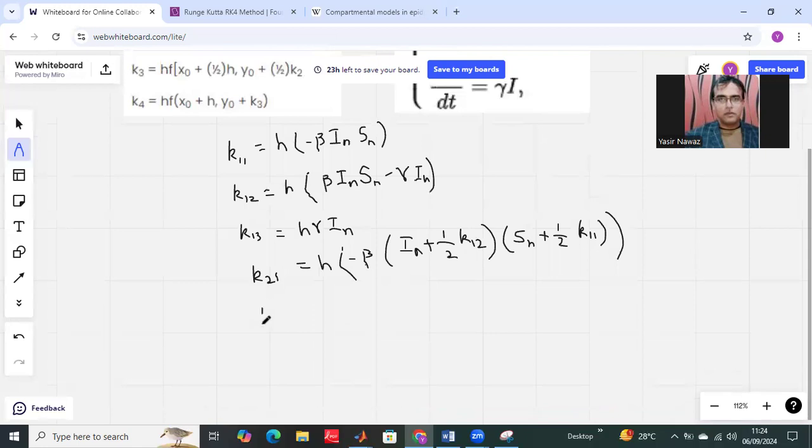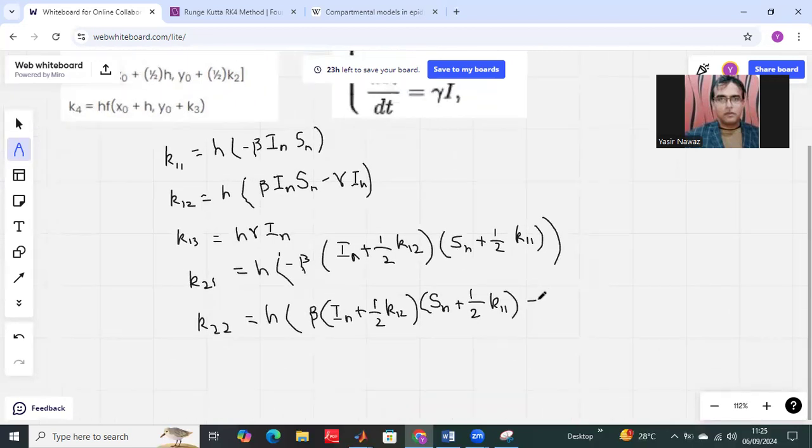And now K22. K22 is H into beta, IN. IN is IN plus half K12. And then SN plus half K11. And then minus gamma.